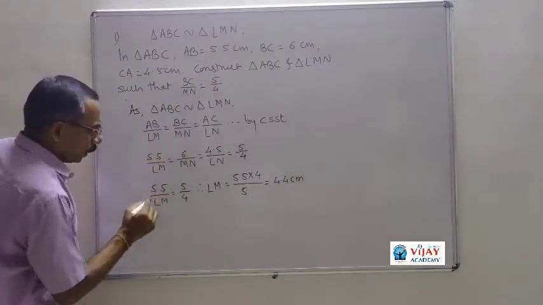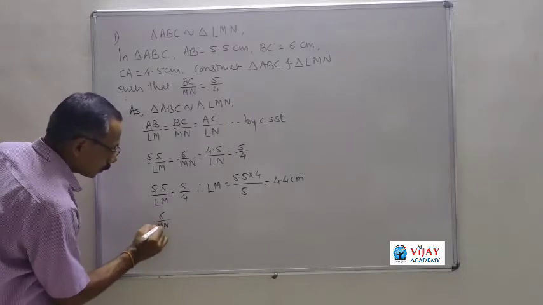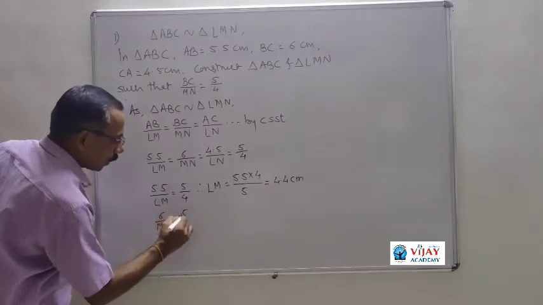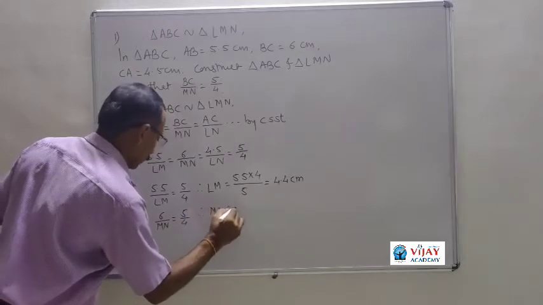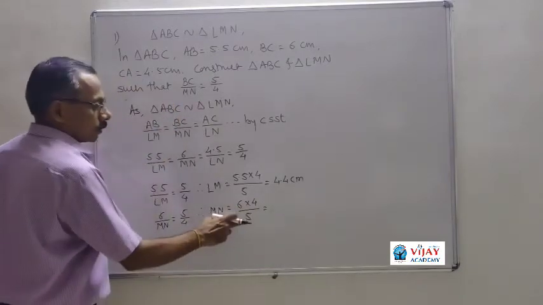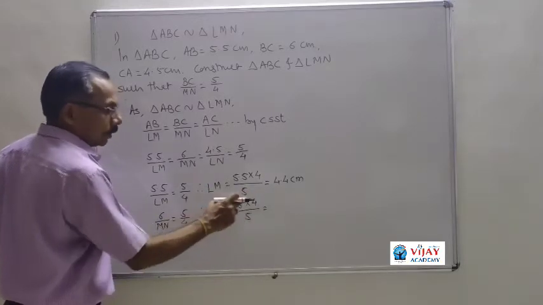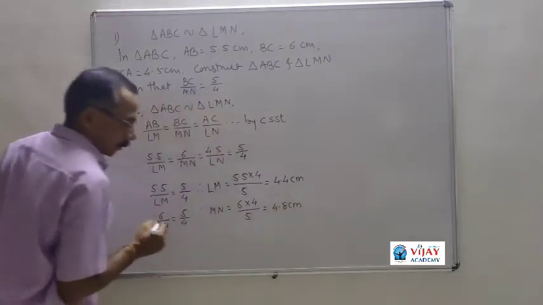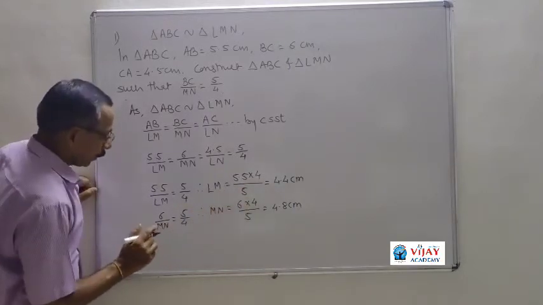Similarly, you can find MN. 6 upon MN is equal to 5/4. Cross multiplying, MN is equal to 6 into 4 upon 5. 6 divided by 5 is 1.2, and 1.2 into 4 gives 4.8 centimeter.